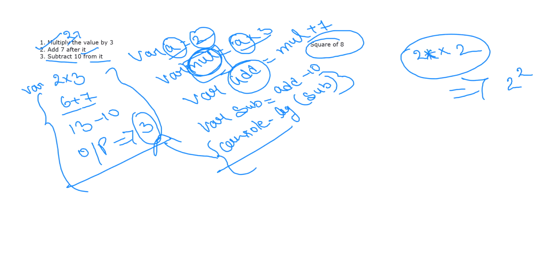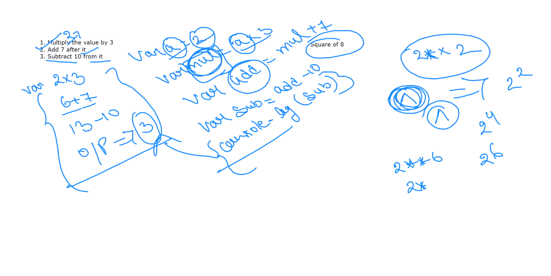You don't use the power symbol. That symbol works in code, but in a different way. So if you find a square like 2 raised to the power 4 or 2 raised to the power 6, you just write 2 into 2 into 2 into 2, or 2 into 2 into 2 into 2 into 2 into 2.